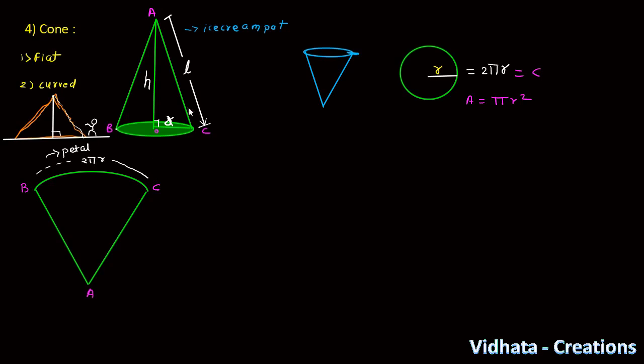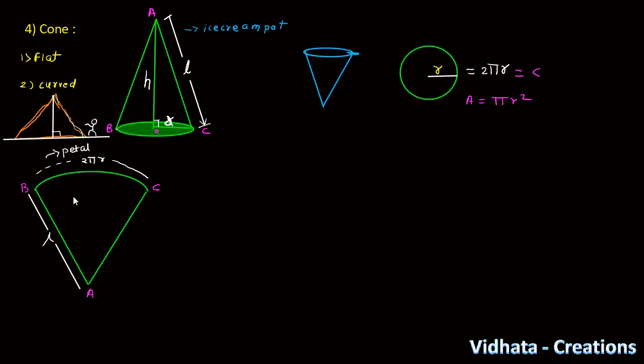Okay, and this L, the length L, where is the length L in this petal? The length L is here. But in this way, we have its L like this shape.